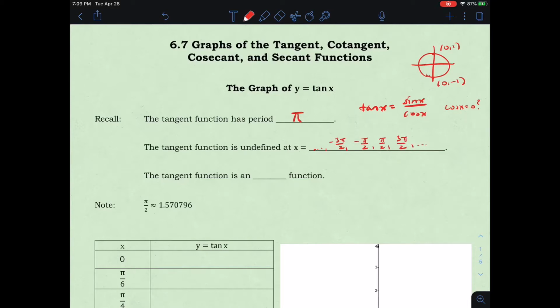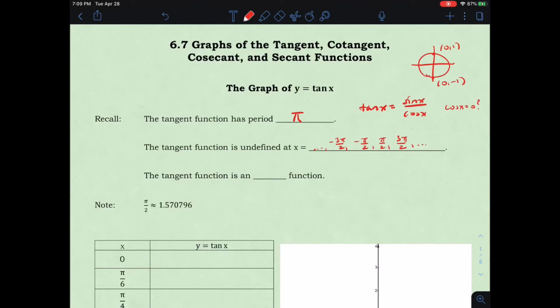If you mentally visualize drawing these angles in standard position, you'll see how each of those angles have a terminal side that's on the y-axis, right? They're quadrantal angles. And so cosine of all of those angles will just be 0. And so those are the values for which tangent is undefined.